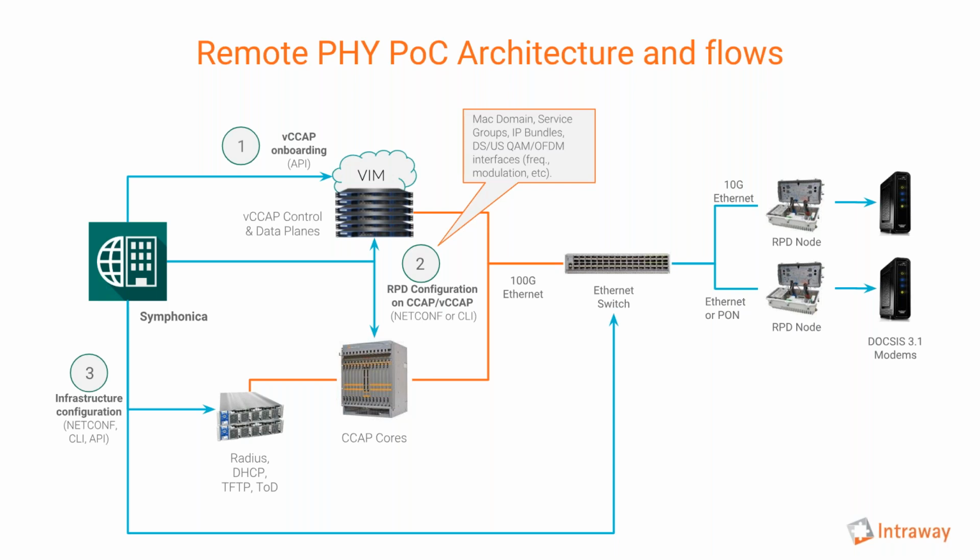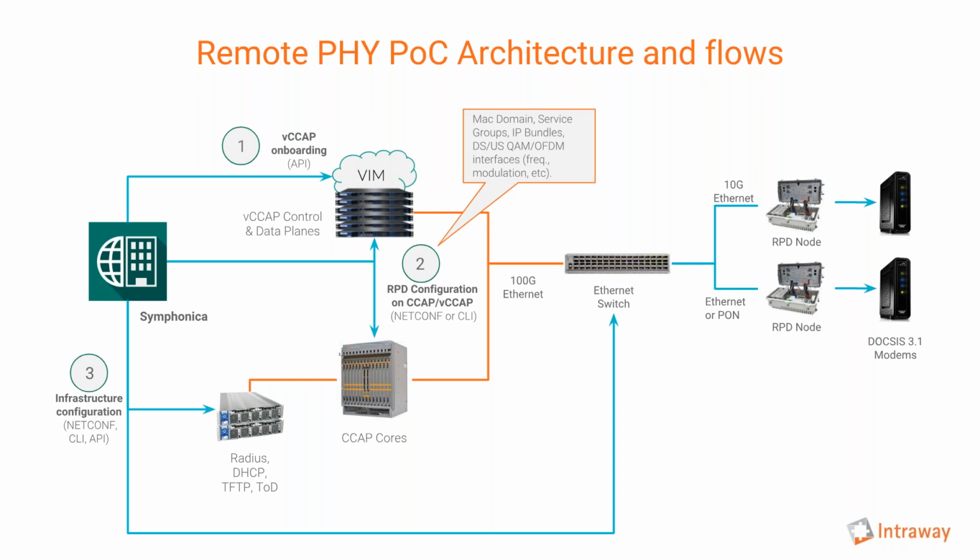It will enable and configure the RPD, QAM, and OFDM channels to set parameters such as the frequencies and the modulation profiles. Then the service group creation takes place, the MAC domains configuration, and finally the interfaces association.